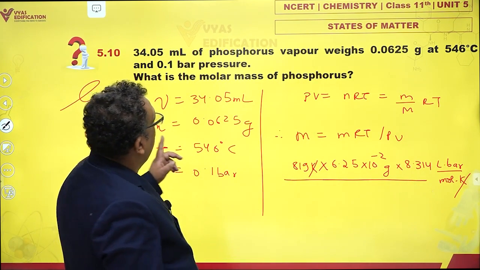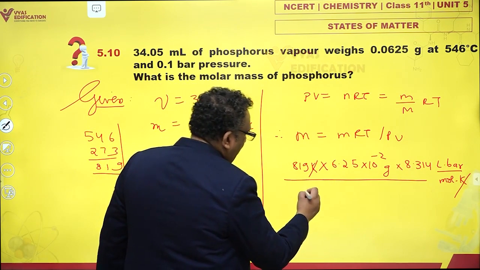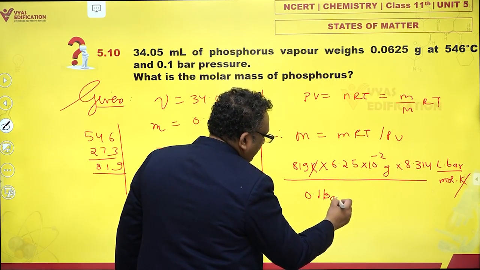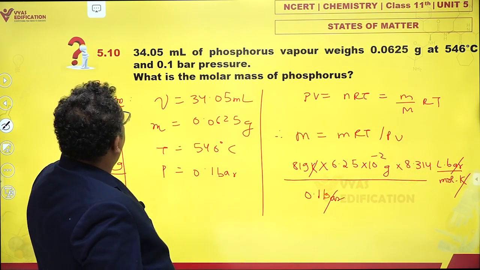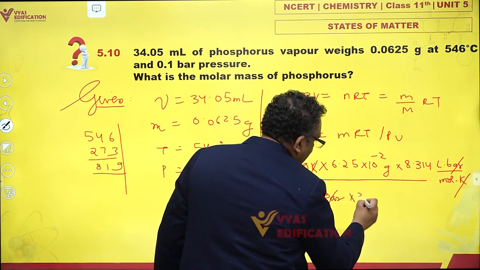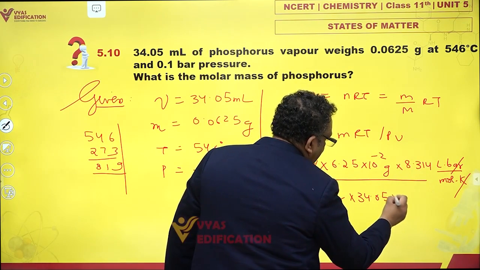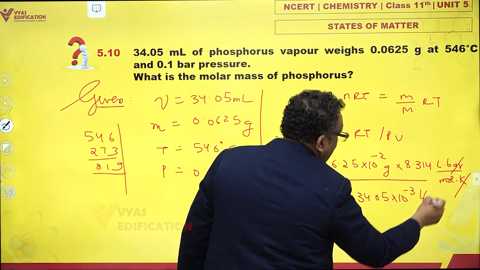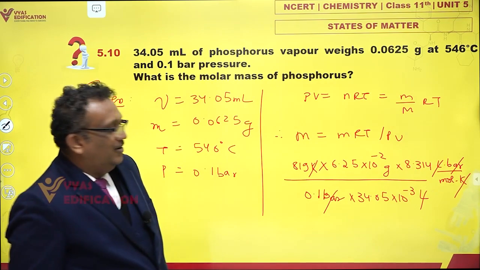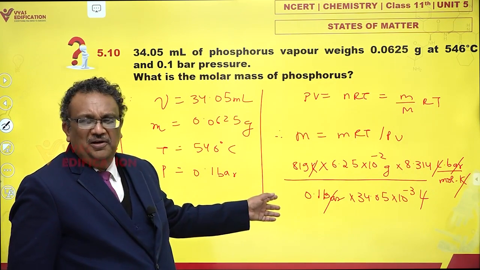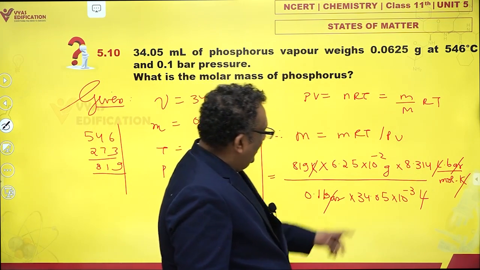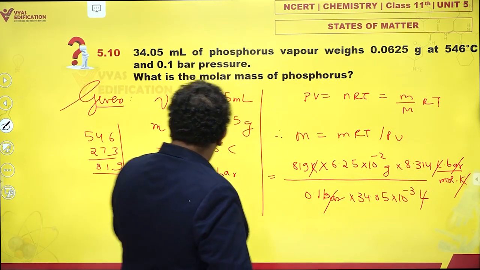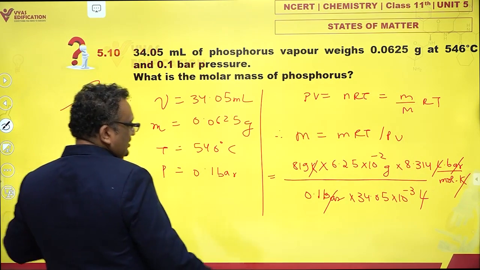How much is pressure? Pressure is given as 0.1 bar. The bar goes away with bar. And volume is 34.05 ml, means so many liters. Horrifying. Really ugly calculation. And grams per mole seems to be the very appropriate unit for molar mass.